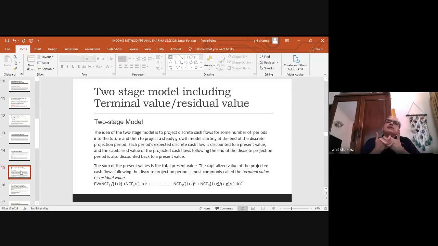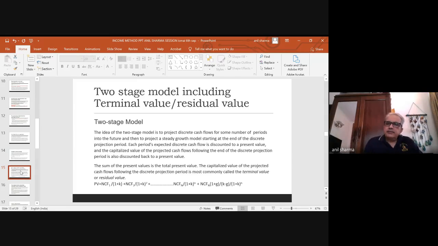You calculate the present value of those discrete cash flows for the year in which you're doing the valuation.